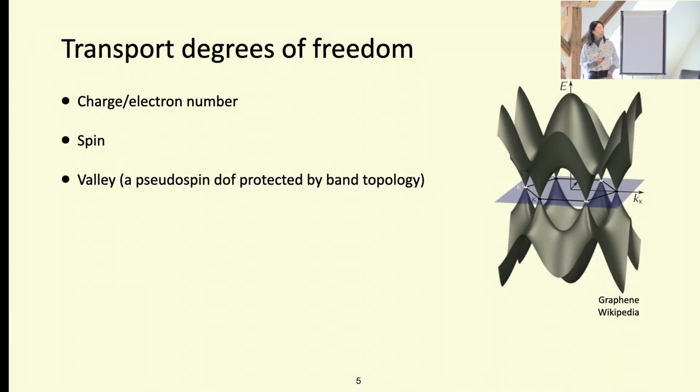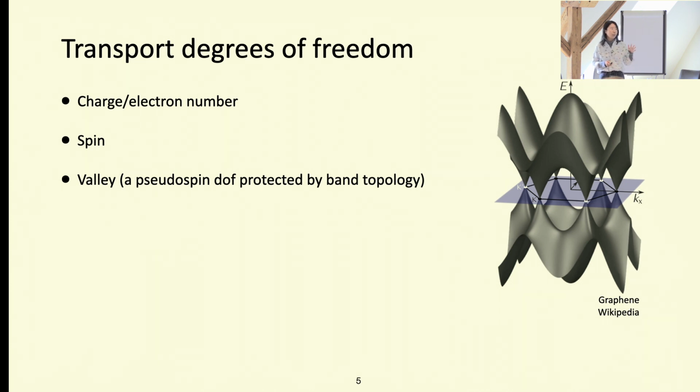Okay, so there's also the valley degrees of freedom. I'm showing here just the band structure of graphene. This is a degree of freedom that's protected by band topology, so it's very stable against small tuning of the band parameters.